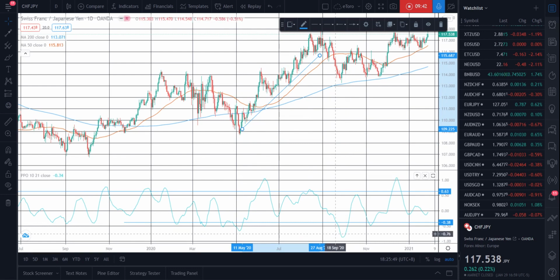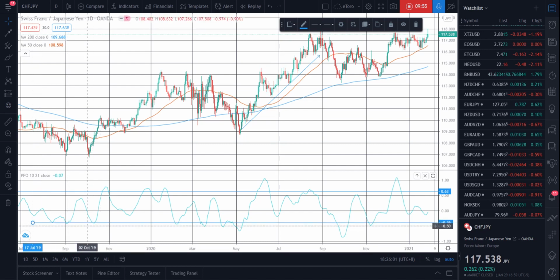Again, we're looking here, this line we drew that was based on the previous price action. So that gives you a very good idea of what's the overbought and oversold for this instrument. We are looking at Swiss franc and Japanese yen.